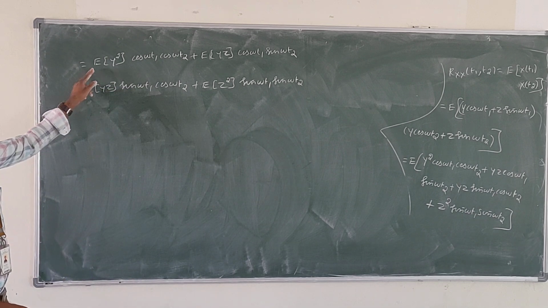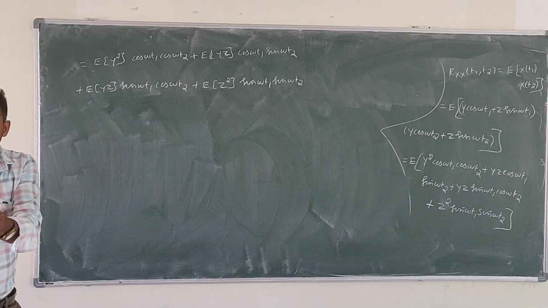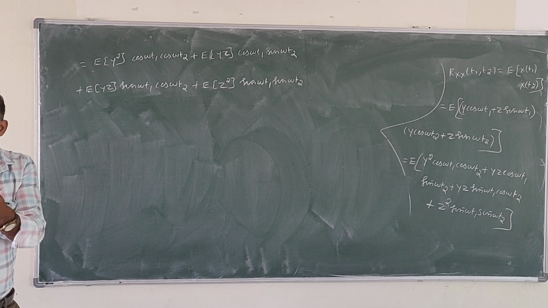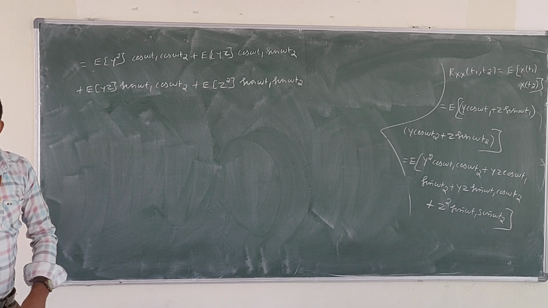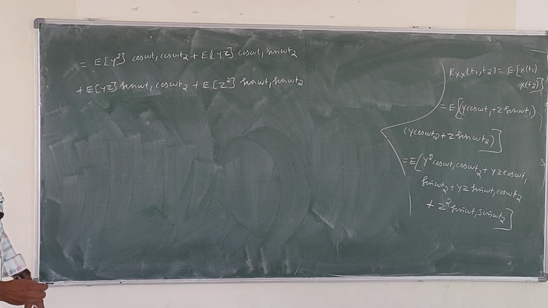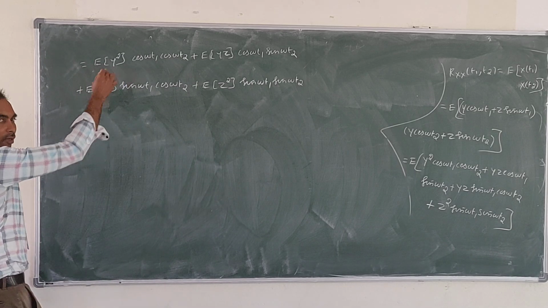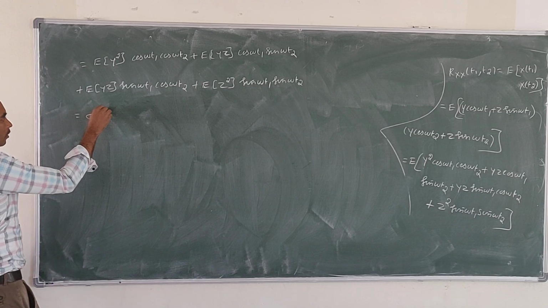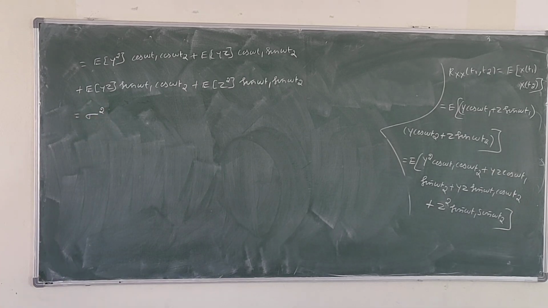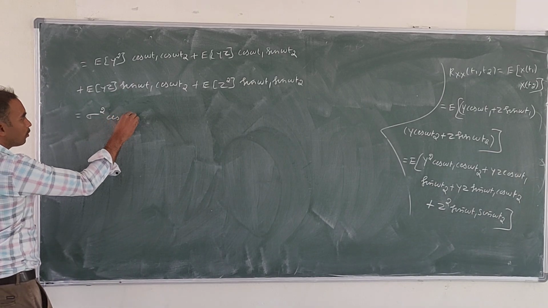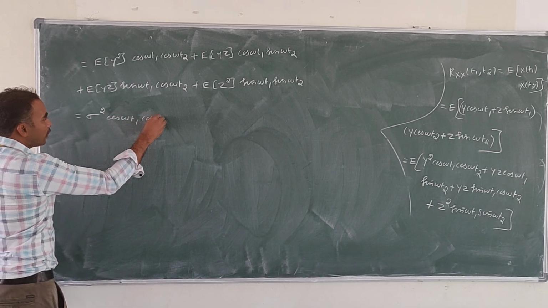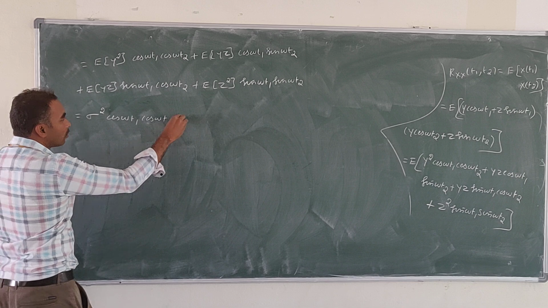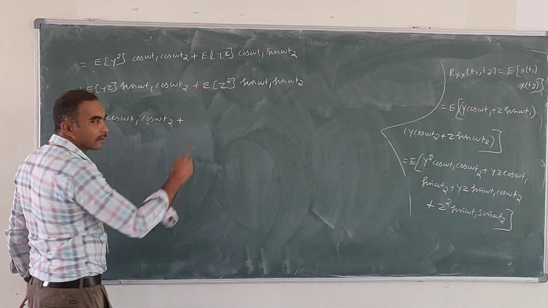Listen, E of y squared we calculated at the start. What is its value? Sigma square. So sigma square cos omega t1 cos omega t2 plus what about E of yz?